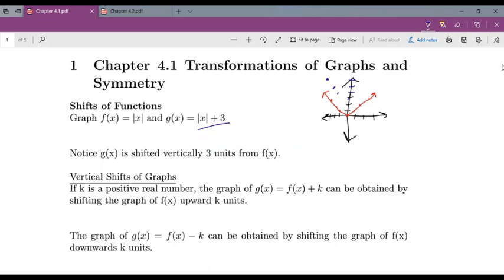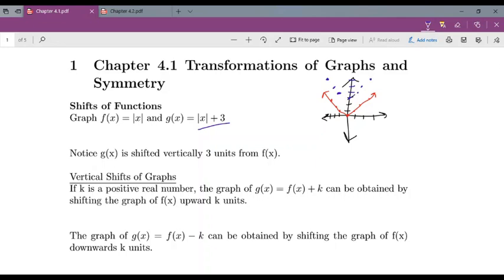It's about right there. And I know it's not perfect. Try to get this point right here to look a little better. Now if I plug 1 in, the absolute value of 1 is 1, plus 3 is 4. Same thing here, the absolute value of 2 plus 3 is 5. The absolute value of 3 plus 3 is 6.